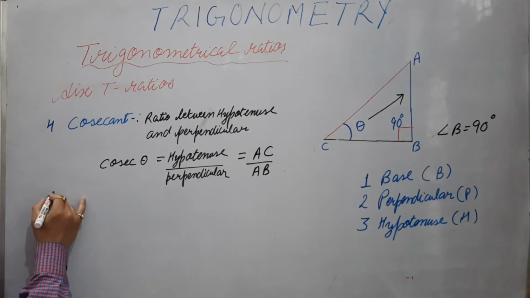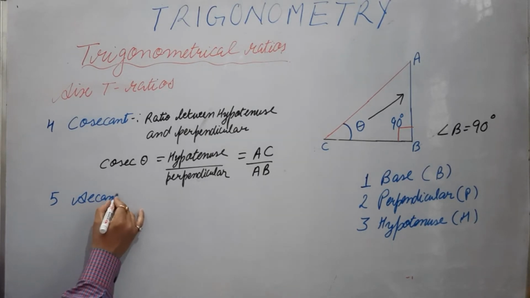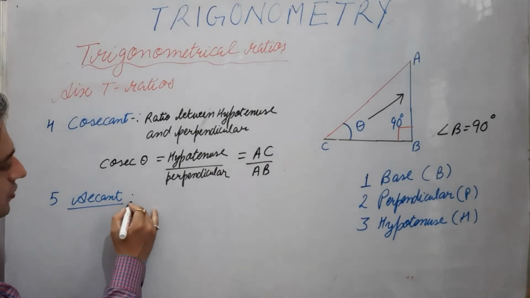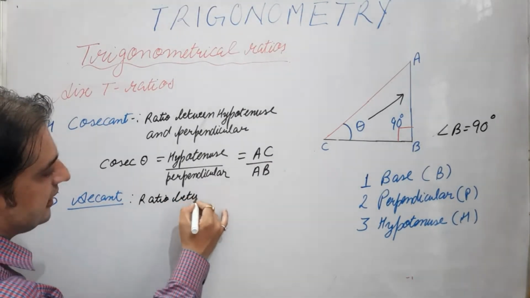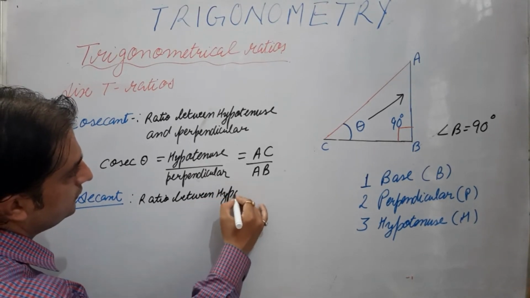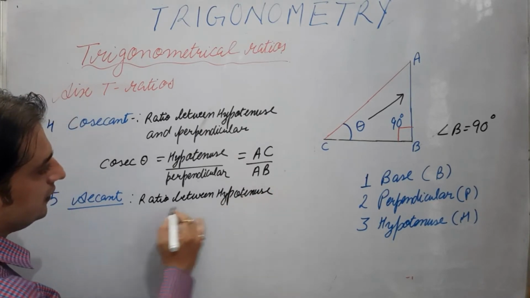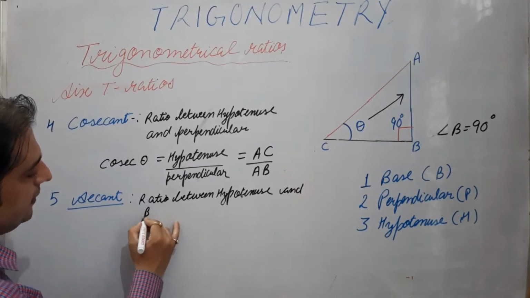The next T ratio is secant. This secant is the ratio between two sides: one is the hypotenuse and the second is the base.